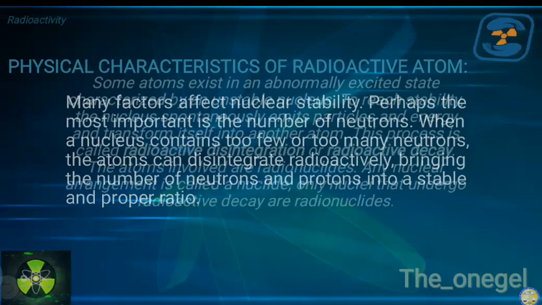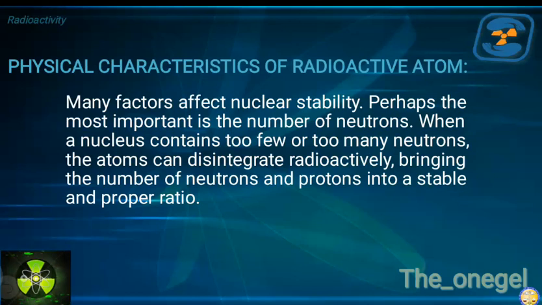So, how do we know that a certain atom is radioactive or not radioactive? Here is the answer. Many factors affect nuclear stability, and perhaps the most important is the number of neutrons. When a nucleus contains either too few or too many neutrons, the atoms can disintegrate radioactively, bringing the number of neutrons and protons into a stable and proper ratio.